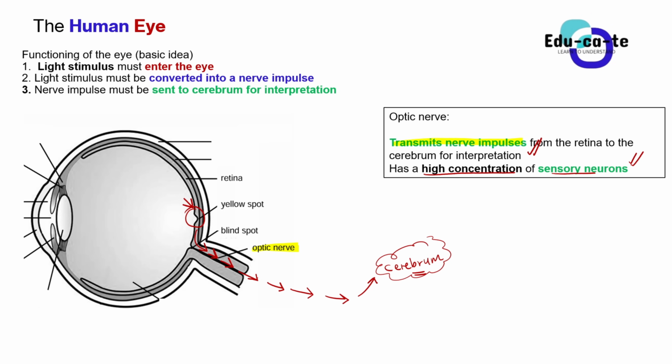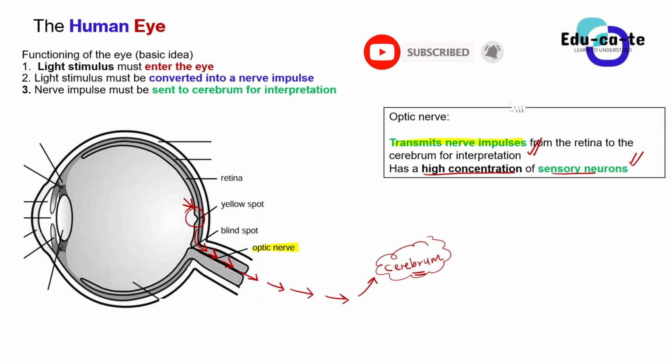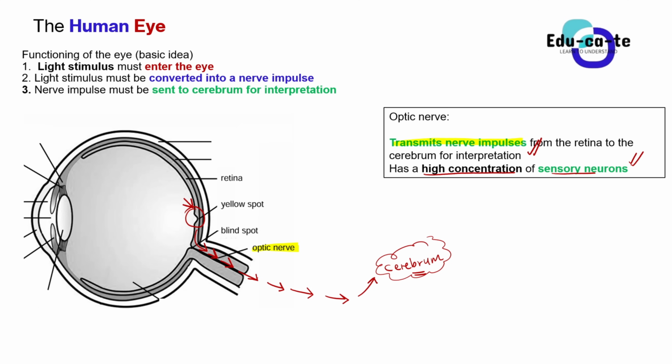So the optic nerve has sensory neurons because they are the ones taking the impulses towards the cerebrum. So when they ask you to name the part that has a high concentration of sensory neurons, you talk about the optic nerve. Once you are done with this, you now know how the eye functions and how you are able to see an image.